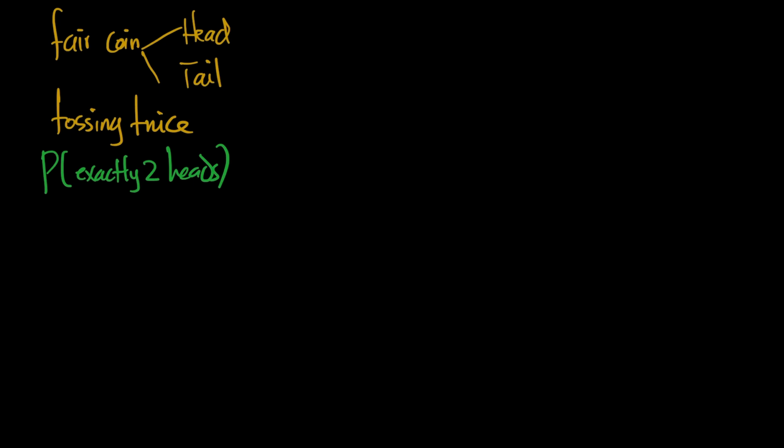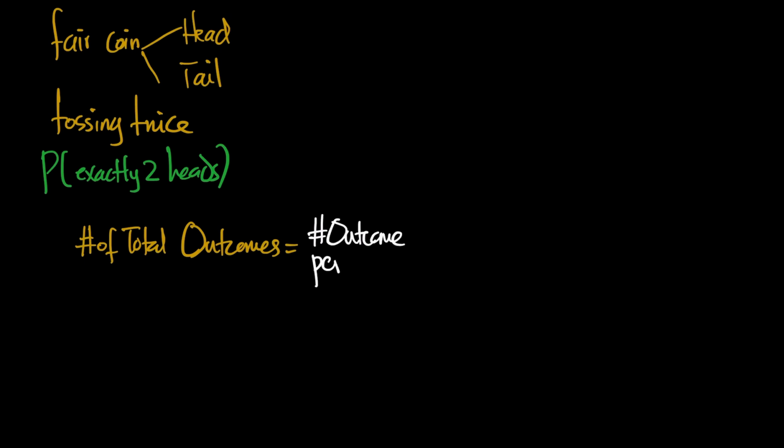that anytime we toss a coin, there are two outcomes. So there's a formula for the number of total outcomes. It will be the number of outcomes per toss.